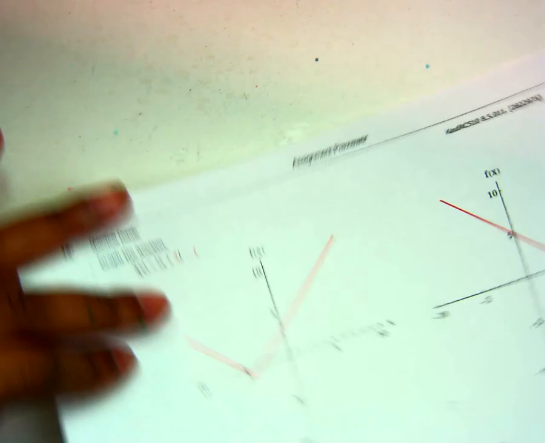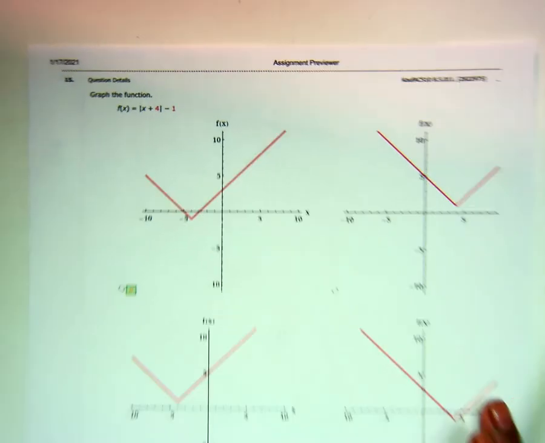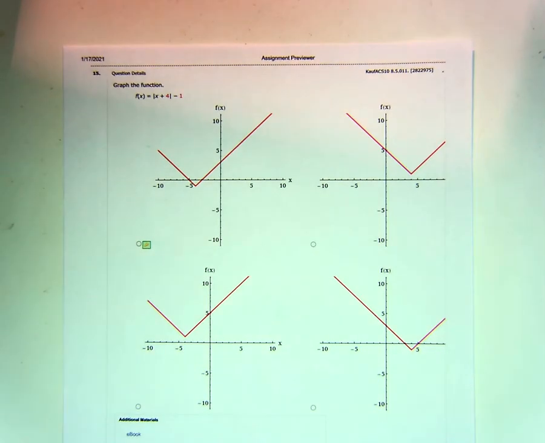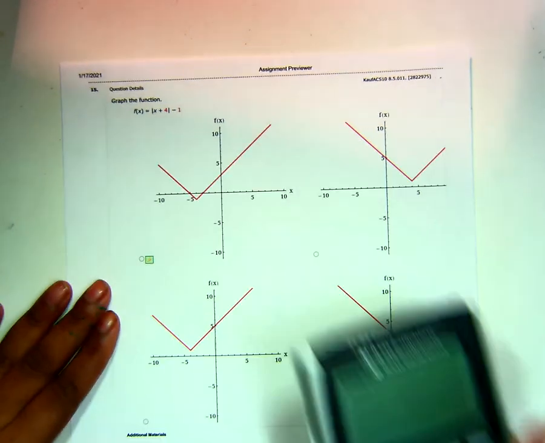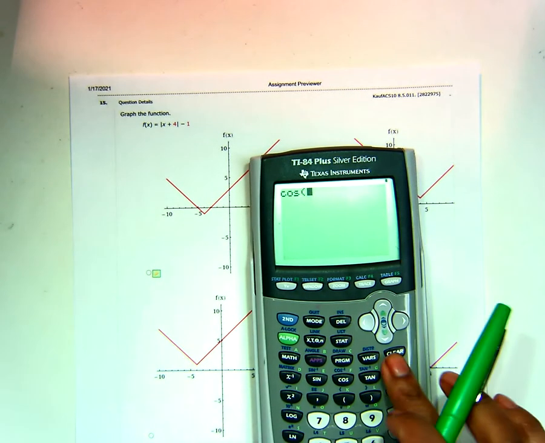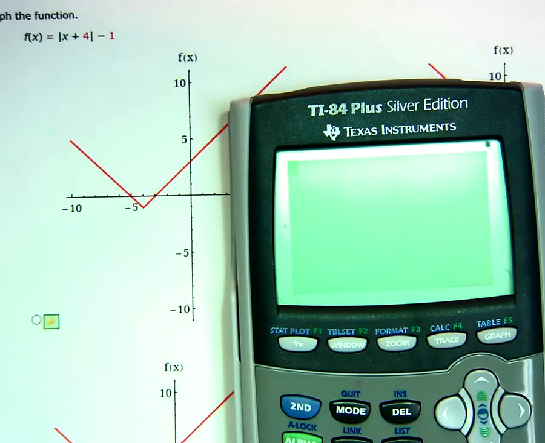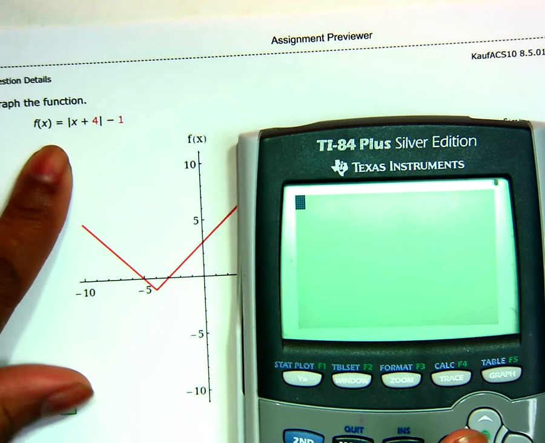Still pertaining to your graphs. Let's do another one. You're going to get very comfortable with your calculators. So now we're dealing with absolute values. And I know they're absolute values because I see the little V part. So we're going to zoom in. There's the actual equation.